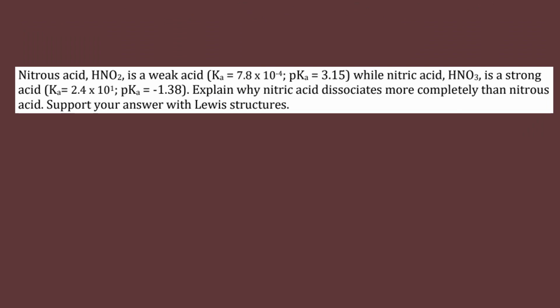Nitrous acid is a weak acid, while nitric acid is a strong acid. Given the Ka and pKa values, why does nitric acid dissociate more completely than nitrous acid? Support your answer with Lewis dot structures.